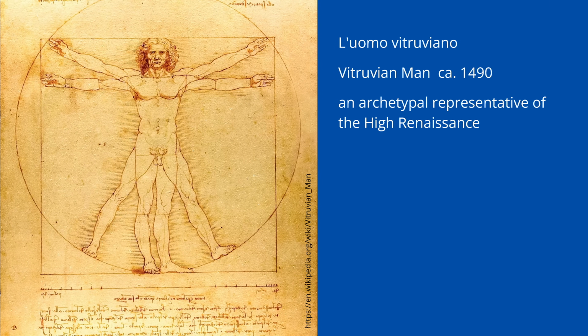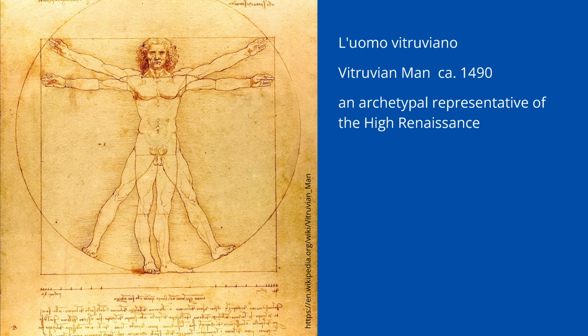Do you remember this? More than 500 years ago, Leonardo da Vinci painted here l'uomo vitruviano, the Vitruvian man. It was about 1490. And you know, at the time, more than 500 years ago, this was the archetypical representative of the high Renaissance.